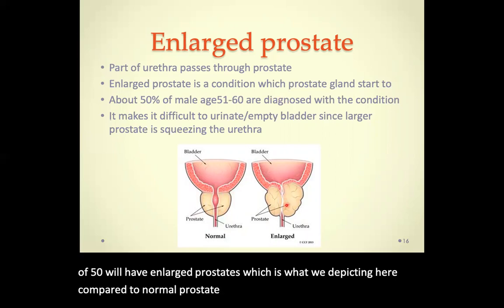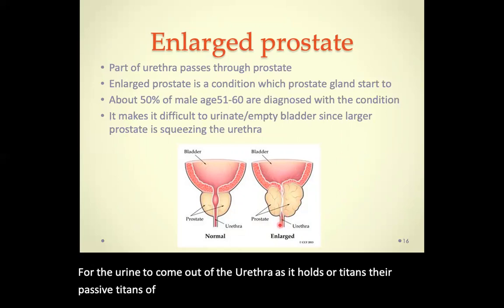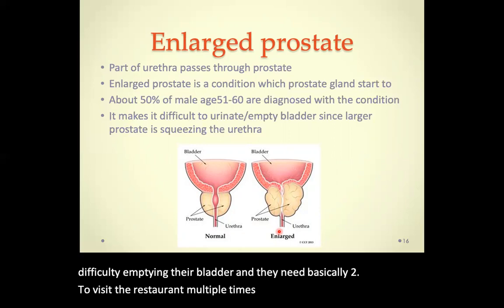You can see that it makes it very difficult for the urine to come out of the urethra, as it tightens the passage. So in this case, many males have difficulty emptying their bladder, and they need to visit the restroom multiple times to accomplish the task.